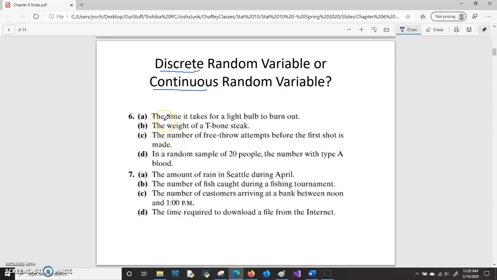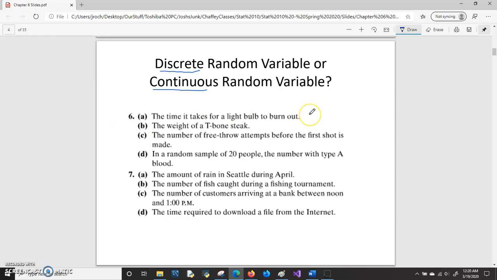Let's say in number 6, the time it takes for a light bulb to burn out. We want to think about, is that discrete or continuous? And time is continuous because time can have any value. You can have time that's 2 minutes or 2.5 minutes or 2.59 minutes. There's no end to how you can measure time.